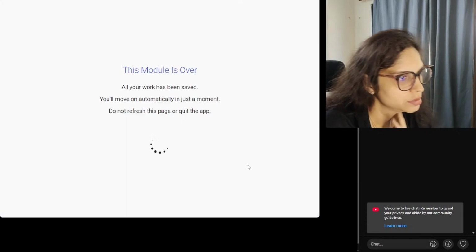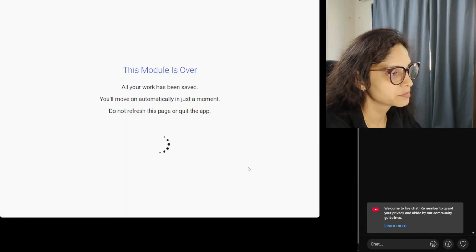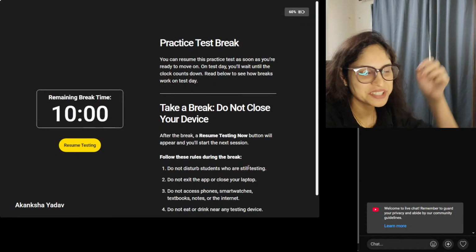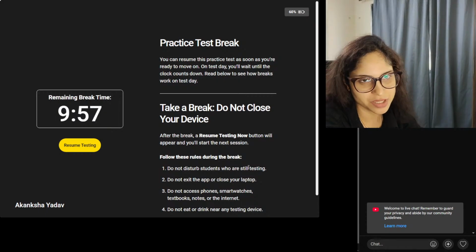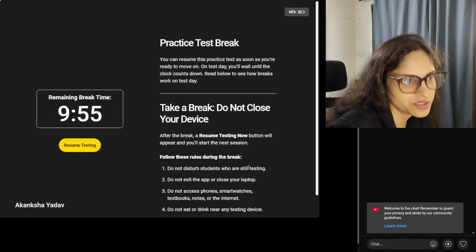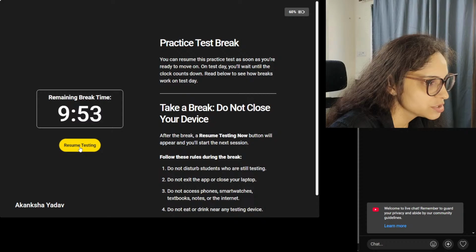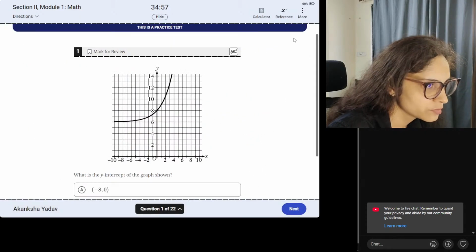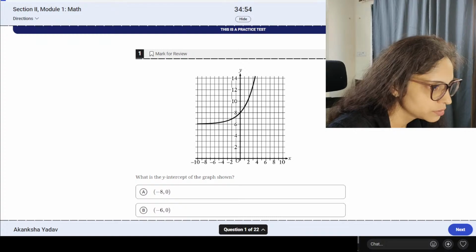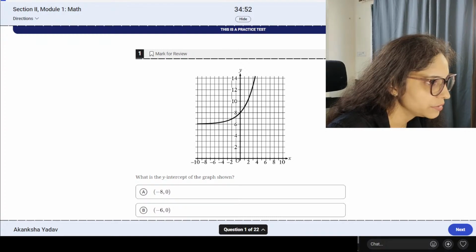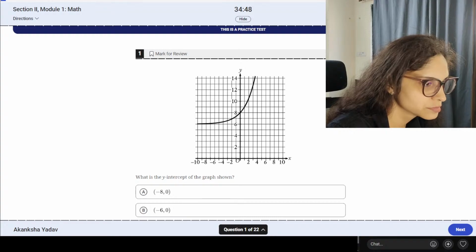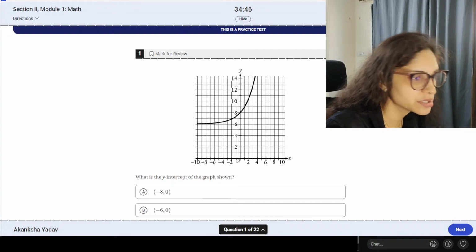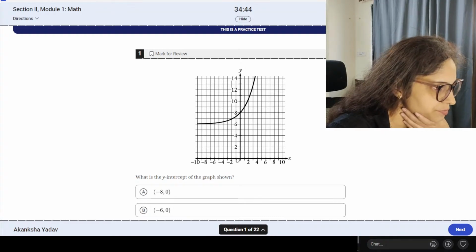Next. This module is over. There is a break of 10 minutes, but we do not need the break time because we haven't done anything. So resume testing. I'll make the screen bigger. And yeah, so I'll start the test because the timer has started.